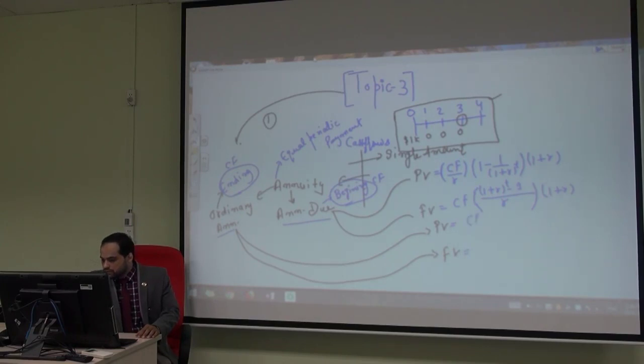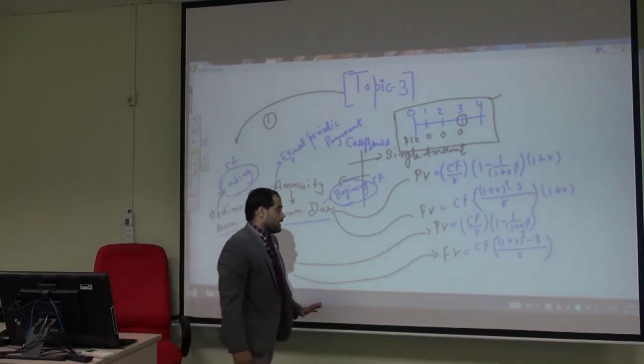Present value is, and future value is, so that's the formula of ordinary and due.